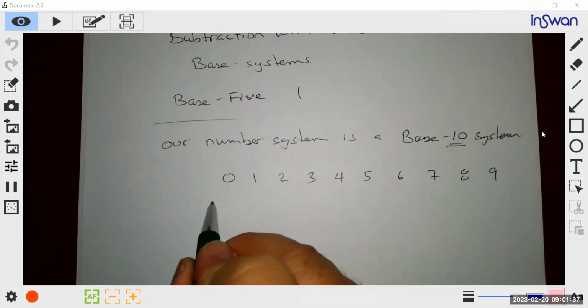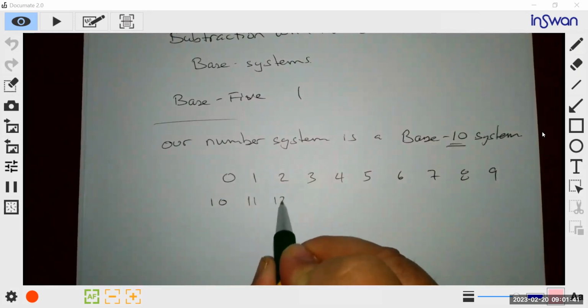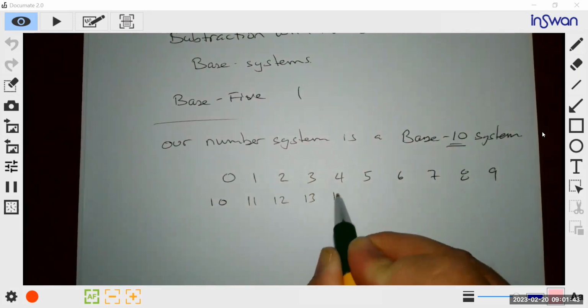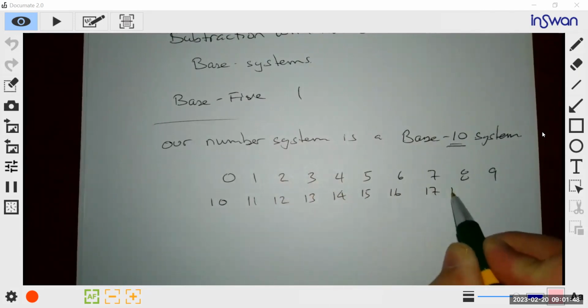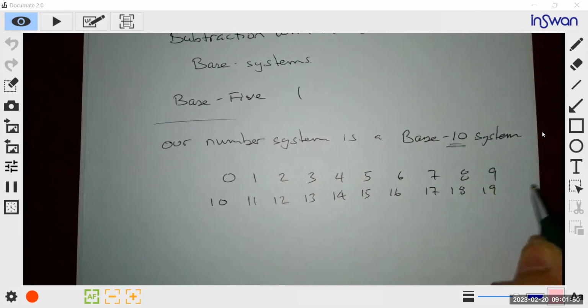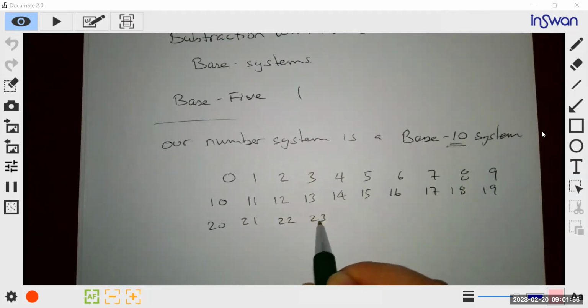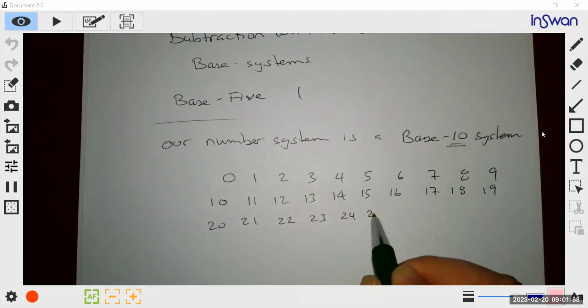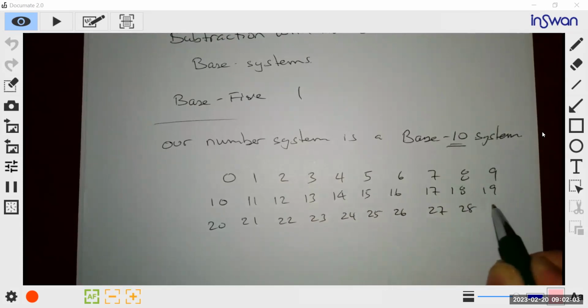Yeah, so that's the first row. 10, 11, 12, 13, 14, 15, 16, 17, 18, 19. And then the next one jumps up again. So it's 20, 21, 22, 23, 24, 25, 26, 27, 28.